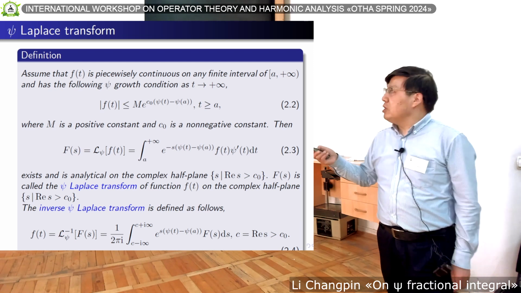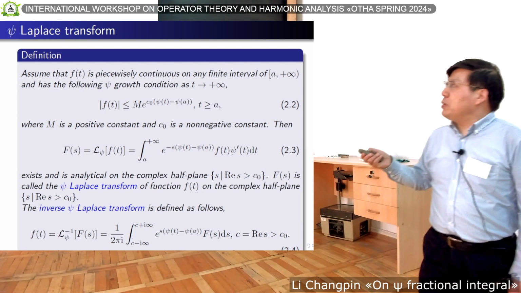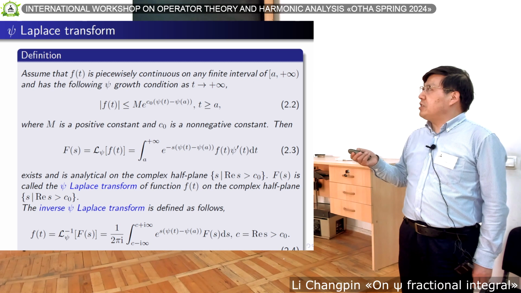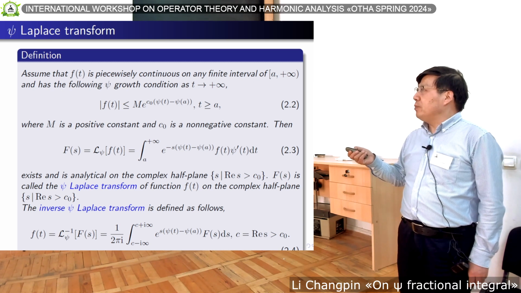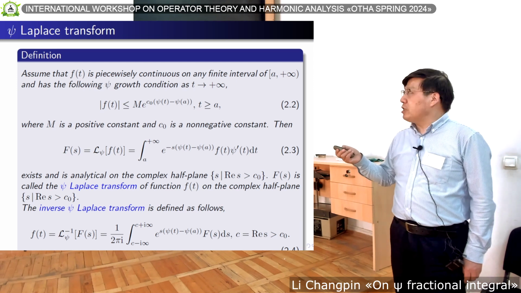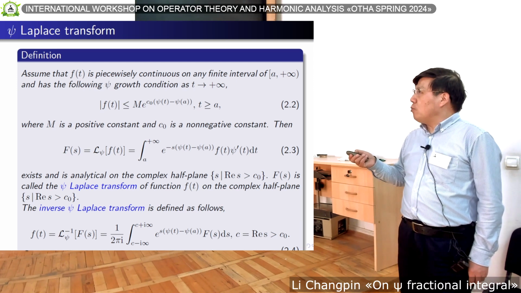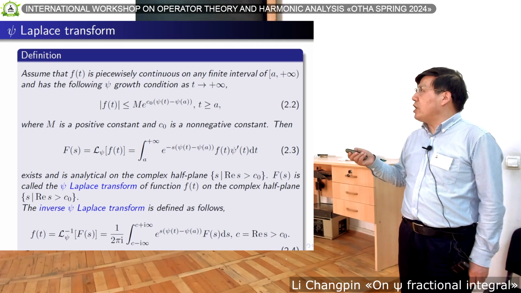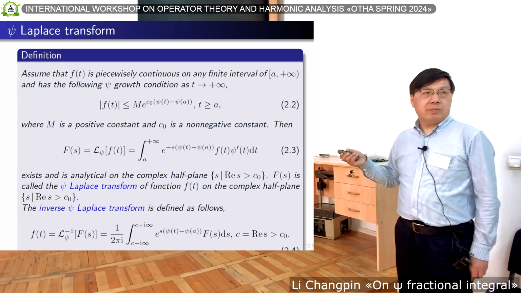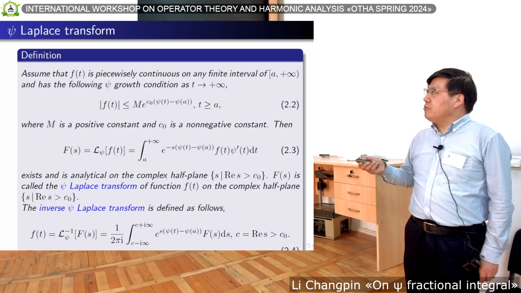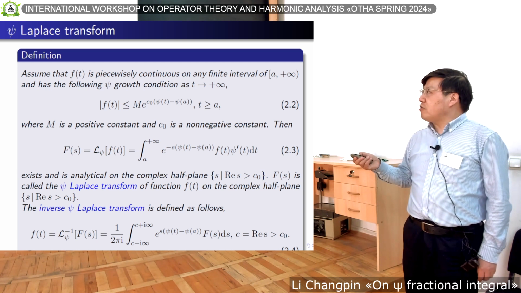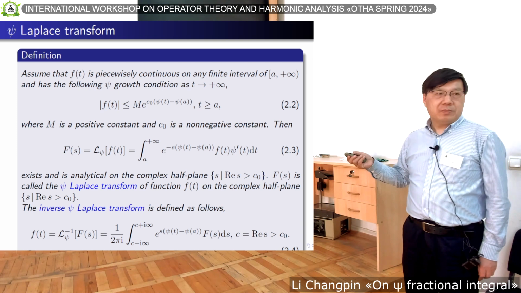Capital F(s) exists and is analytic in the complex half plane. This is called the precise Laplace transform of the function f(t). Then we can define the inverse precise Laplace transform like this.